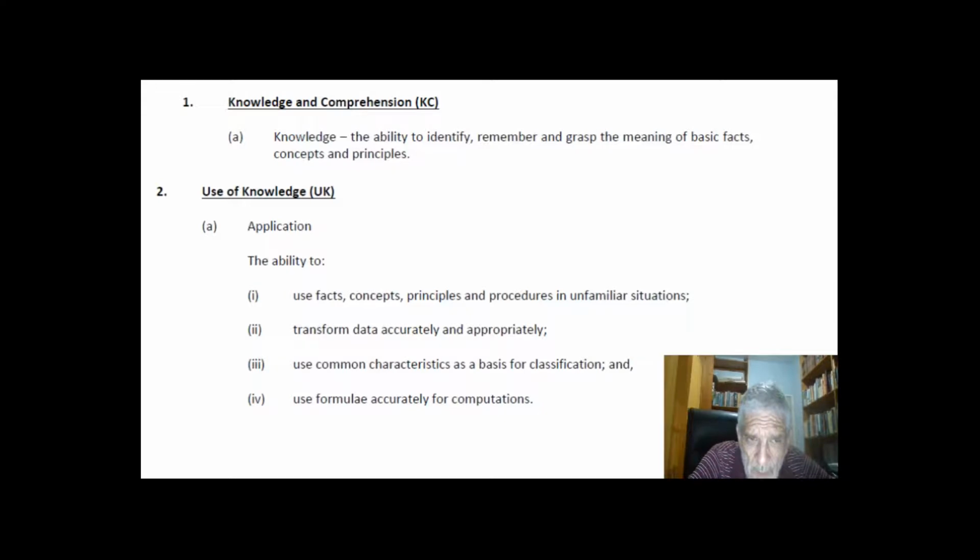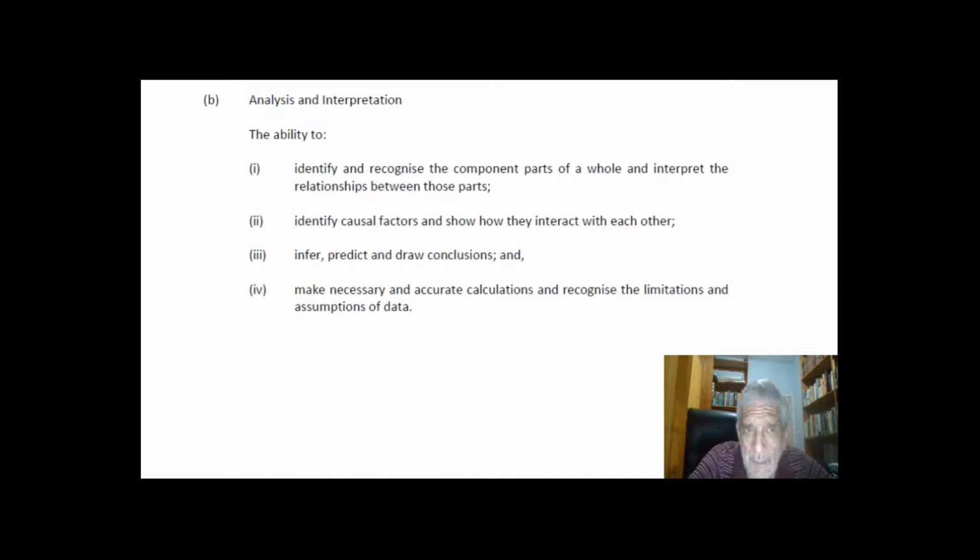And the question papers will have all of these involved. And then following that, it says what analysis and interpretation is. Identify and recognize component parts of the whole. Identify causal factors. Infer, predict, and draw conclusions. And make necessary accurate calculations.